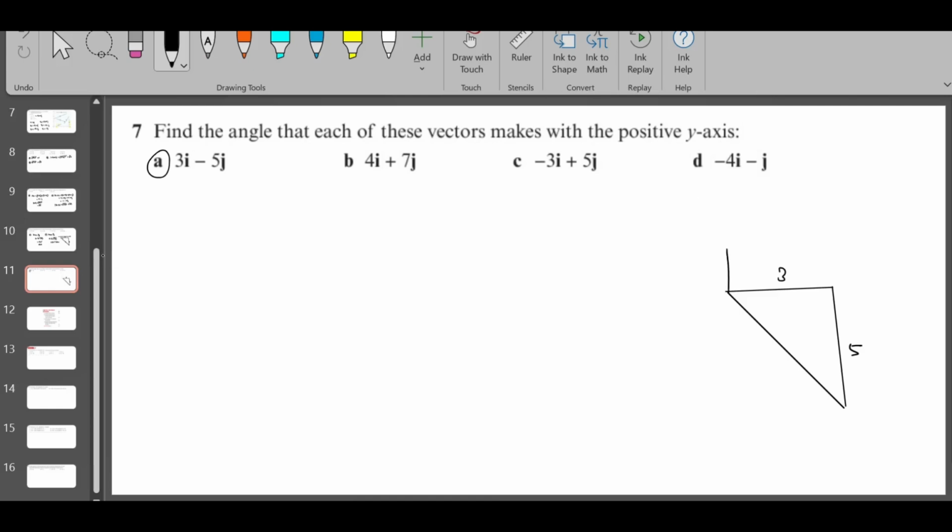They want this whole angle actually. We know this angle is pi over 2. We need to find this theta. So the angle that the vector makes with the positive y-axis will be pi over 2 or 90 degrees plus tan inverse of 5 over 3. You need to add both actually. That would be the angle.